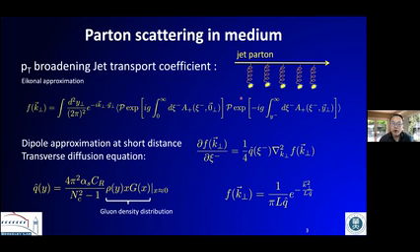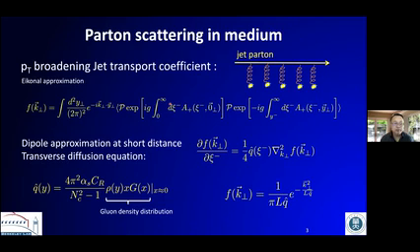So we all know that when a jet propagates through the medium with multiple interactions, in this eikonal approximation, if you assume that your quark propagates along a straight line and neglect the transverse diffusion, then you can write the scattering amplitude as a Wilson line along its trajectory.